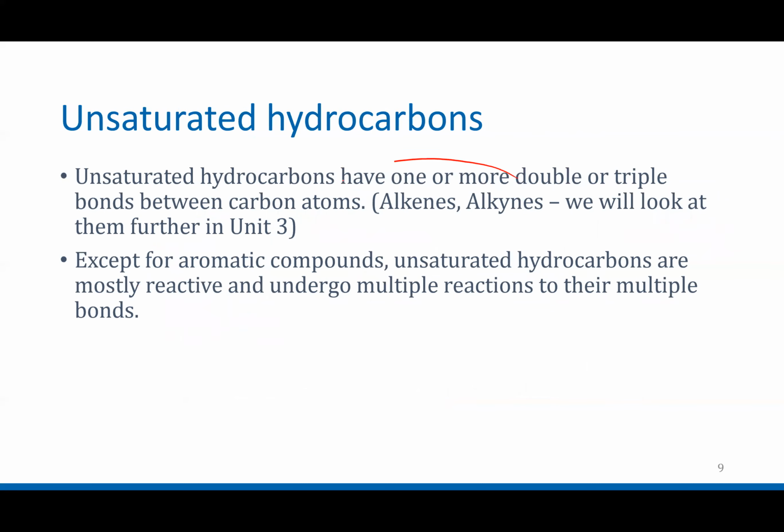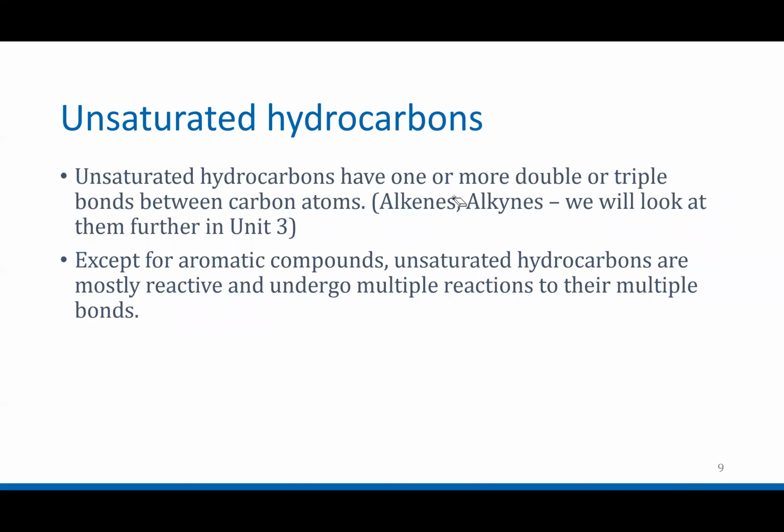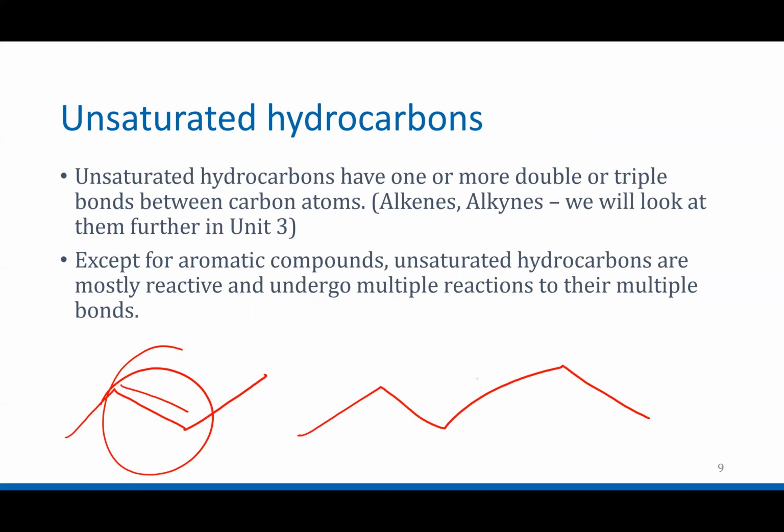So these would be alkenes or alkynes. I have examples over here, but in simple definition, you would have a double bond, or maybe a triple bond. These unsaturated hydrocarbons are chemicals that have more than one bonding.